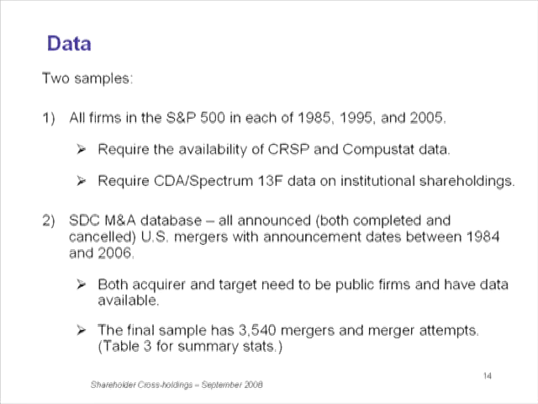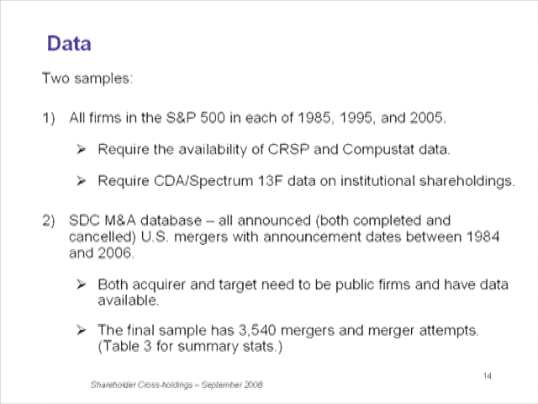Then when we get into the acquisition part, we switch over and need a sample of acquisitions. So we switch to the SDC M&A database, and we take everything announced, whether it was completed or not, between '84 and 2006. But these are only public acquisitions, which is a minority of all deals, because there are a lot more private bidders and private targets out there.